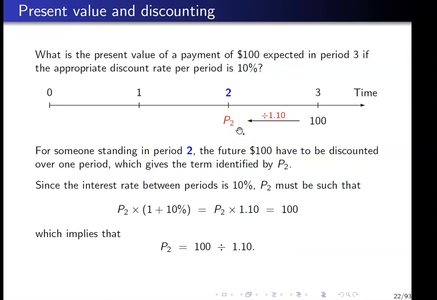P2 would be the price at time 2 of $100 to be received at time 3. So between time 2 and time 3, there's a single period, which means P2 is what would have to be invested over one period to collect $100 at the next period. Well, P2 should be equal to $100 divided by 1 plus 10%.